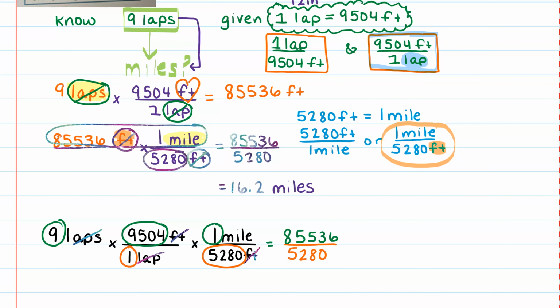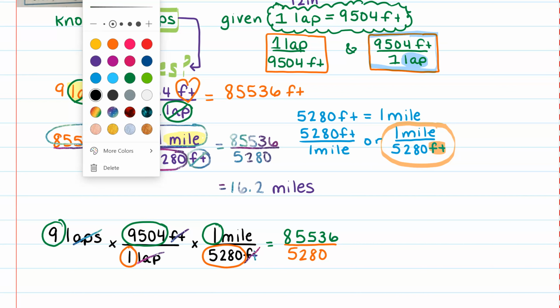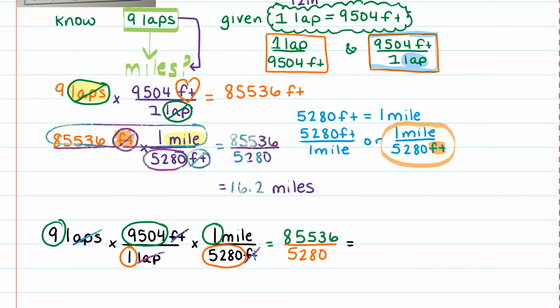And then in our calculator, we can do that division, and it still comes out to 16.2. And again, see that miles was the only thing not canceled out as a unit. So miles is what we have as our unit.